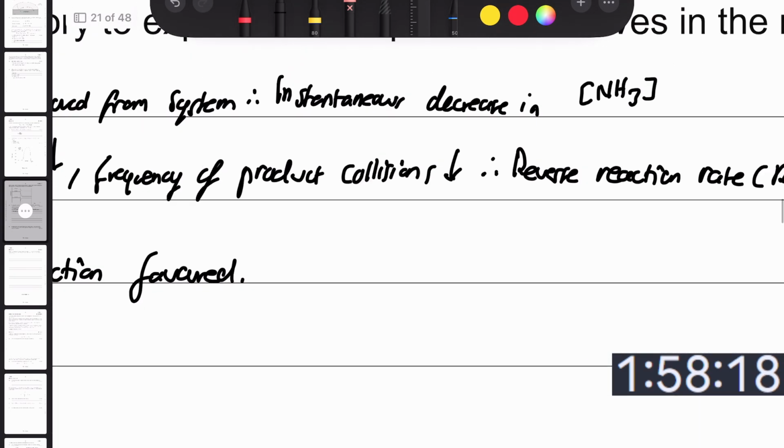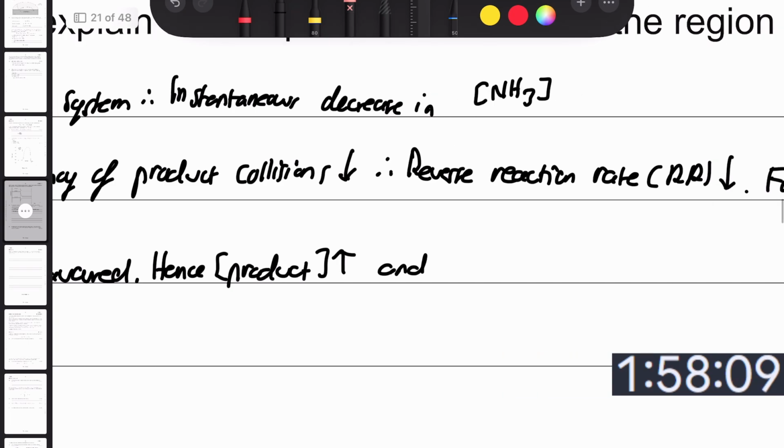Hence, product increase and reactants will decrease.